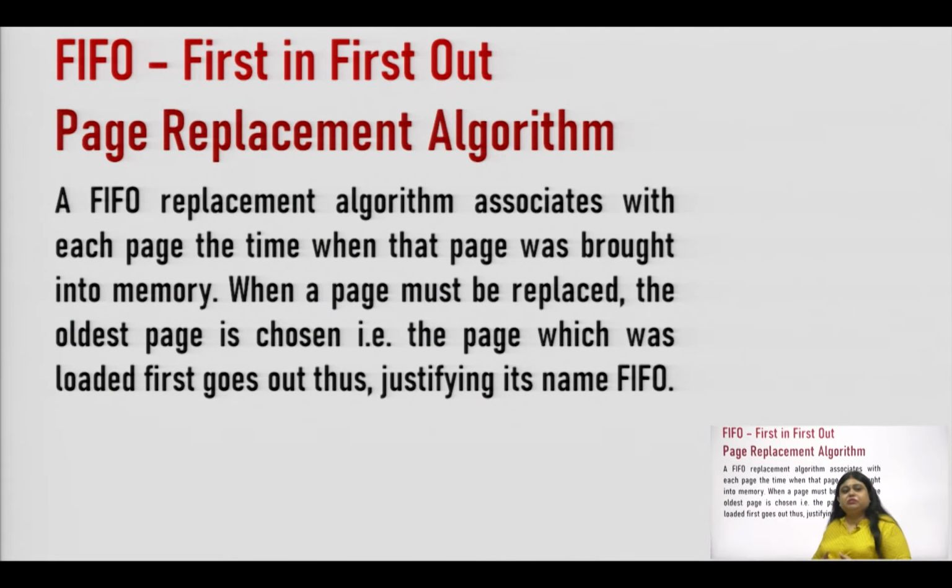And when a page must be replaced, the oldest page is chosen, that is the page which got into the memory first. The basic difference is that in FIFO we have a time tag attached with each page that is coming inside the main memory. Now, let us see how this page replacement algorithm actually works.